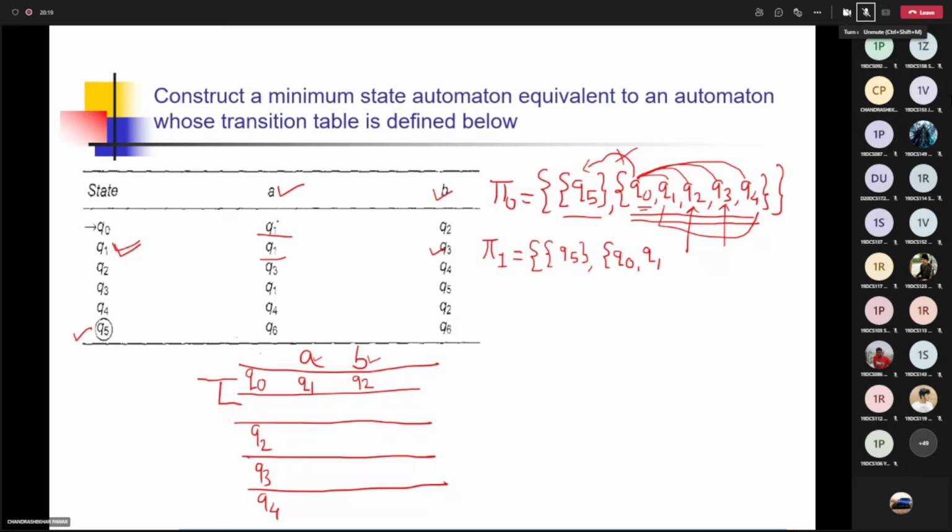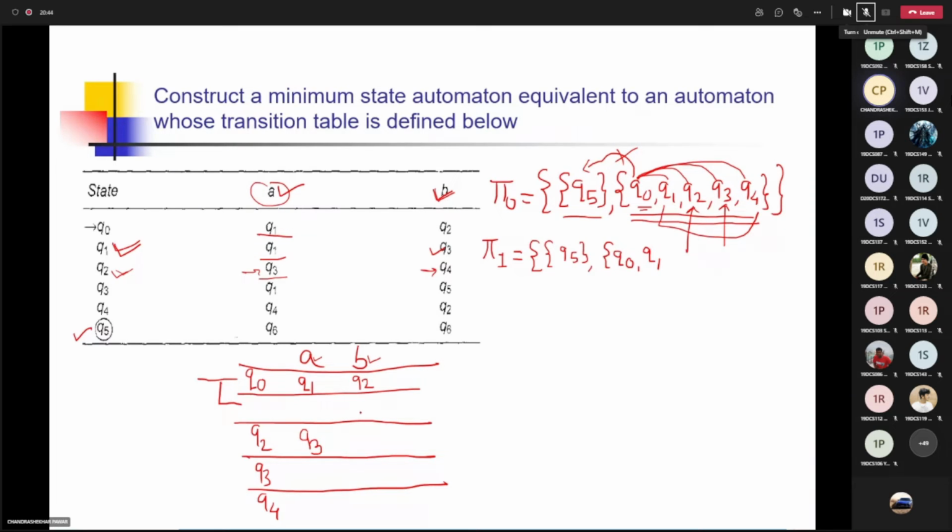Q2, then next Q2 with input A, transition is on Q3. So here we have to write down Q3. Next, Q2 with input B, transition is on Q4.